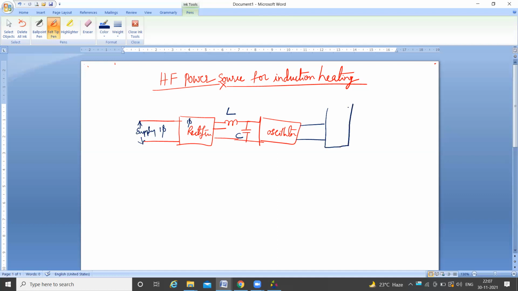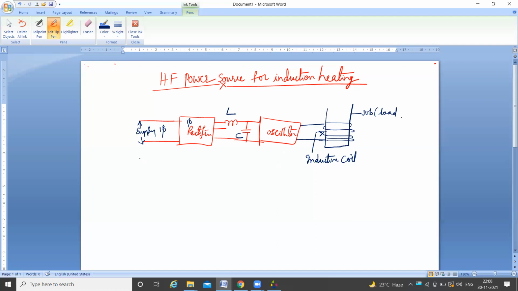And this job or load, here the coil is connected like this. This is an inductive coil.